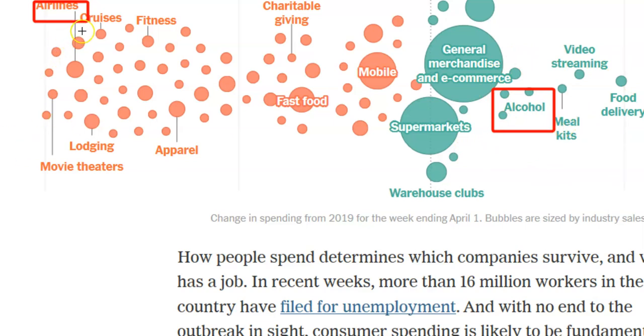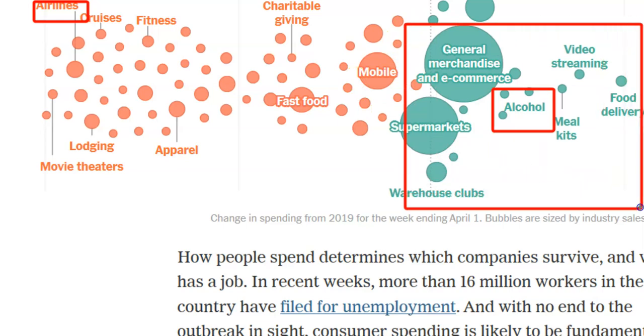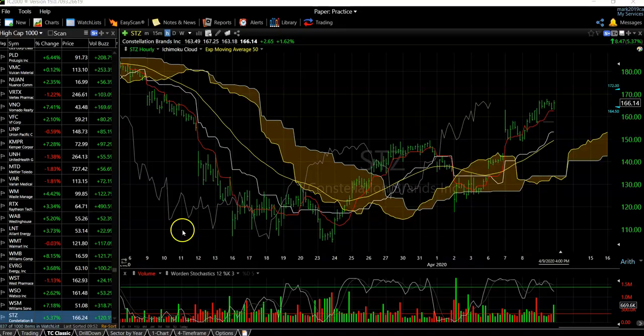As you can see, cruise, fitness, apparel, lodging, movie theaters, they were all in the really negative sectors. Fast food, giving were in the middle. Mobile was kind of going a little to the green, but the best performing sectors were general merchandise and e-commerce, supermarkets, warehouse clubs, alcohol, which is STZ, our Constellation Brands, meal kits, video streaming, and food delivery.